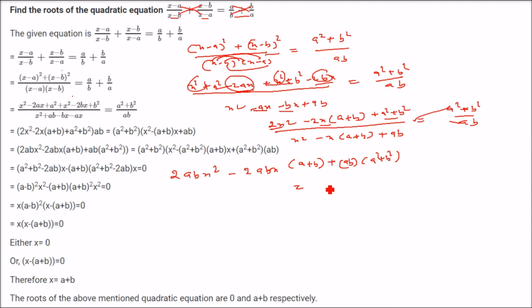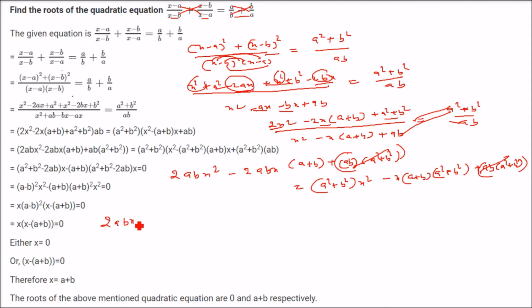So multiply a square plus b square with all these, so a square plus b square, you have x square, then you have minus x a plus b and a square plus b square, then we have plus ab a square plus b square, this one. Now you see this and this are same, so we cancel it out.